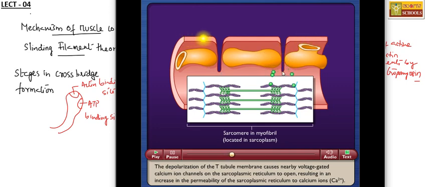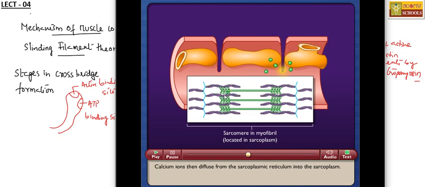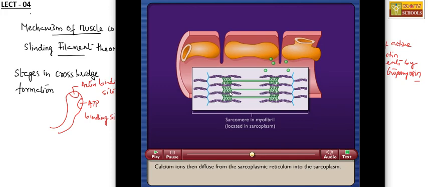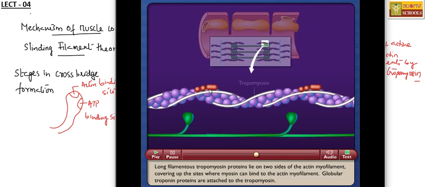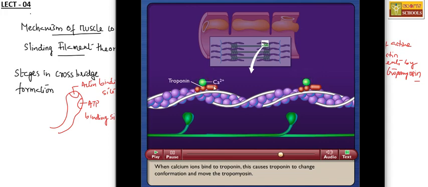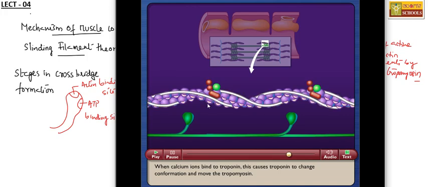This is the action potential from the neuromuscular junction, reaching the surface of the sarcolemma and passing into the T tubule. There it triggers the endoplasmic reticulum, that is the sarcoplasmic reticulum, which releases calcium ions. These calcium ions go and bind to the troponin. One subunit of that troponin is troponin C, which has affinity. The white colored one is tropomyosin, with the two F actin filaments. The calcium ion binds to the troponin, which results in unmasking of active sites.